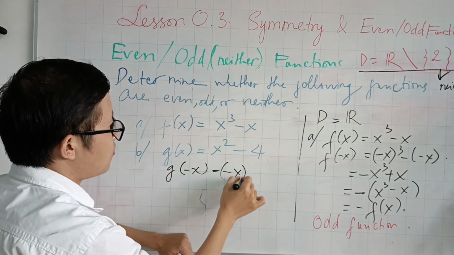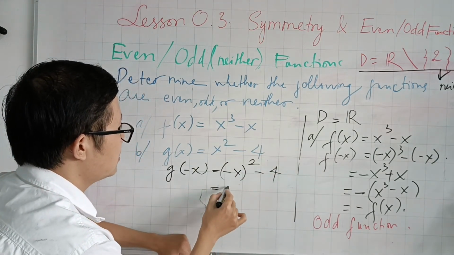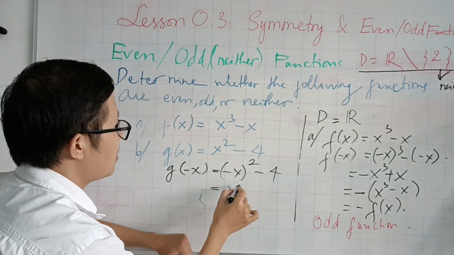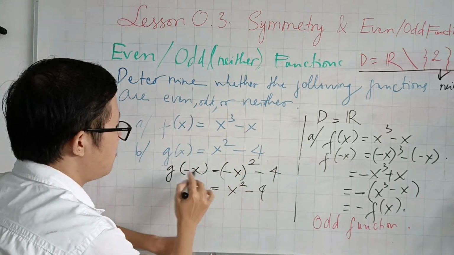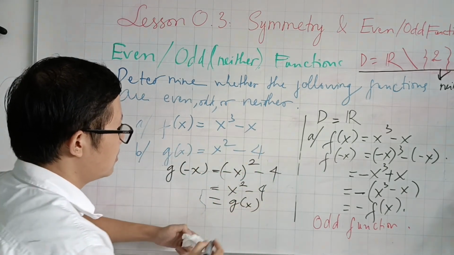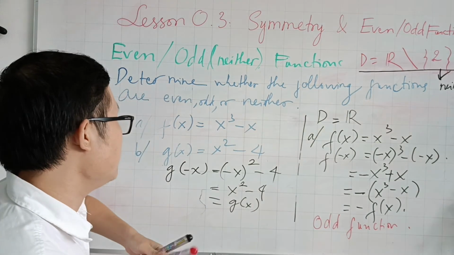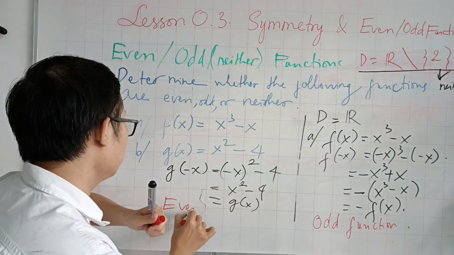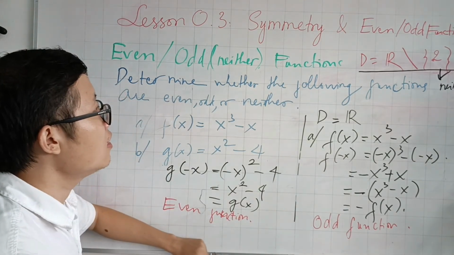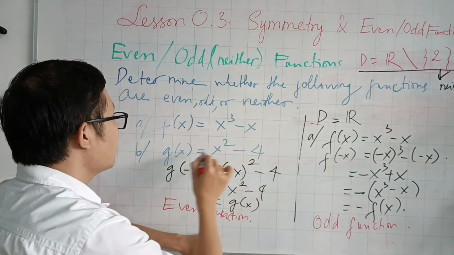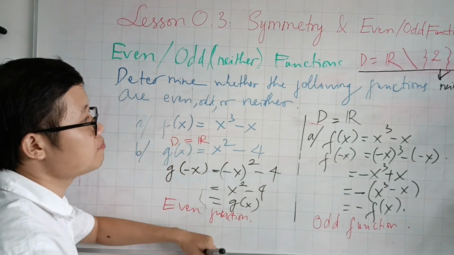We have negative x squared minus 4, and it is x squared minus 4. It is the same as g(x). So we conclude that it is even function. Of course, you must write down that D equals R before you do the second step.